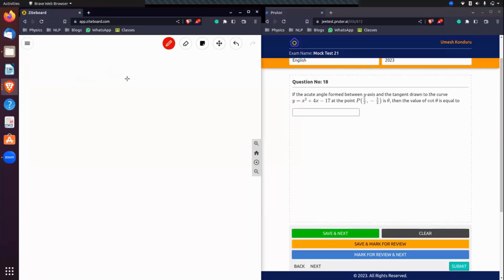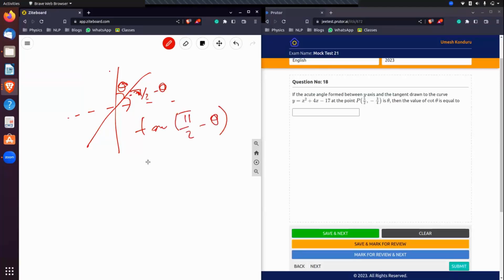Okay, I think now this is a pretty straightforward question. The slope of the tangent anywhere is just dy by dx, which is equal to tan theta. If you look at the angle with the y-axis, if this is theta, then obviously this is pi by 2 minus theta, and the slope is tan of pi by 2 minus theta, which is cot theta.